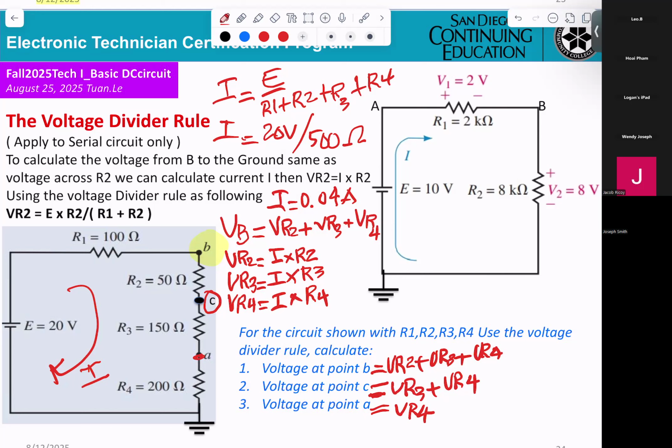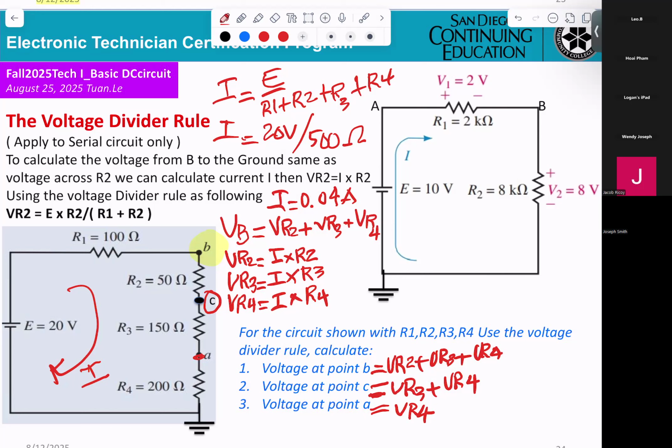Do you have any questions? Yeah, I have a question. If I stands for current, then what does E stand for? Voltage. Voltage V, right?